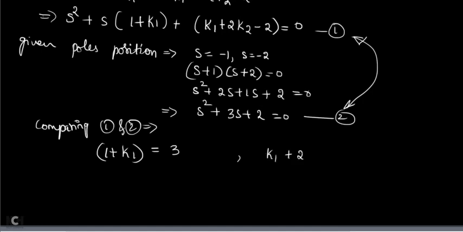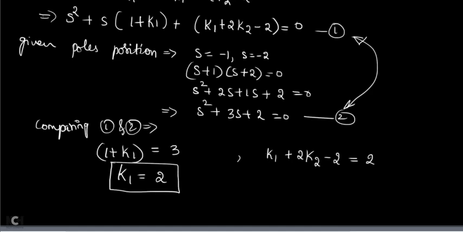Now K1 is equal to 3 minus 1, which is equal to 2. K1 value we found. Substitute this K1 value here and find out K2. K2 for this will be equal to 1.